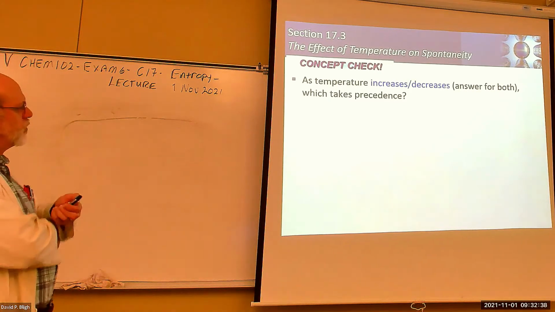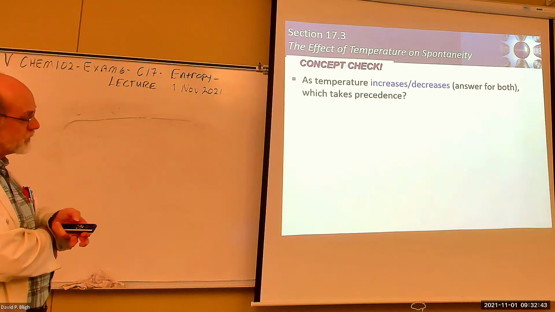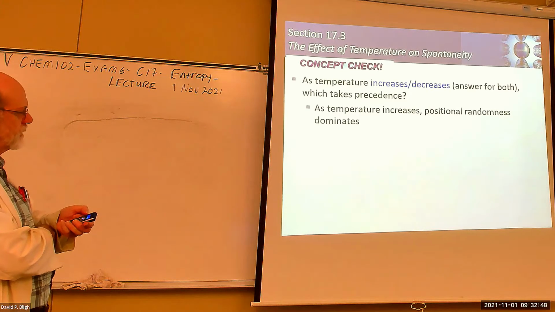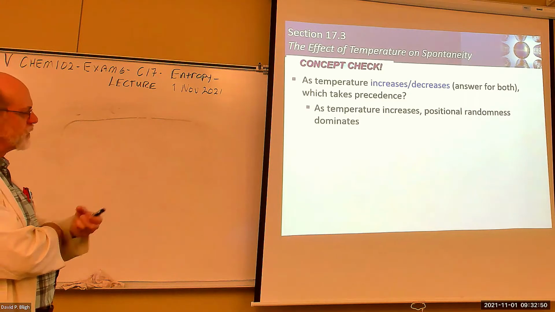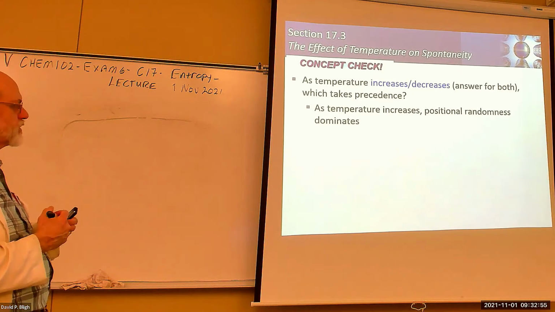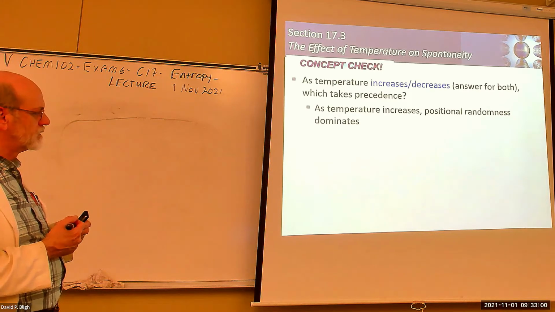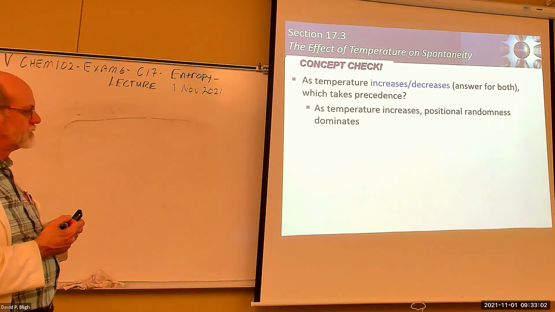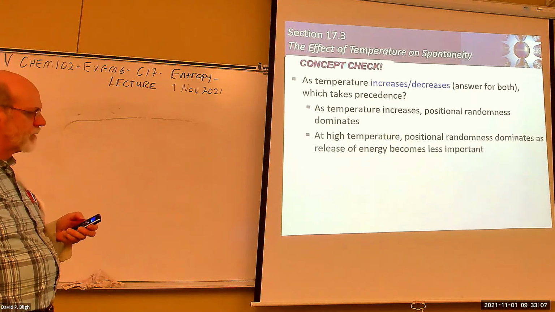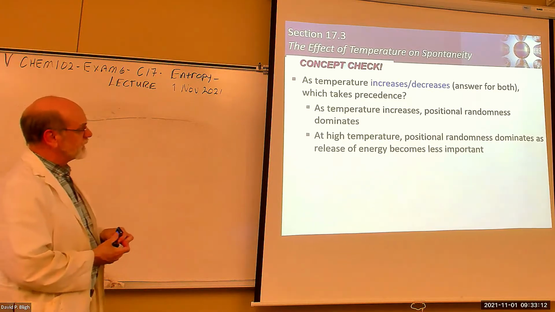Okay, so under different circumstances, temperature increases for one circumstance, temperature decreases for another. Which one takes precedence? Let's see, as temperature increases, positional randomness dominates. I don't see that yet. That's so confusing. Are we still looking at that same process?